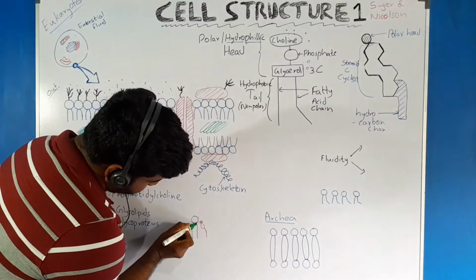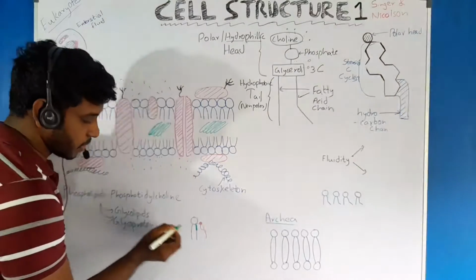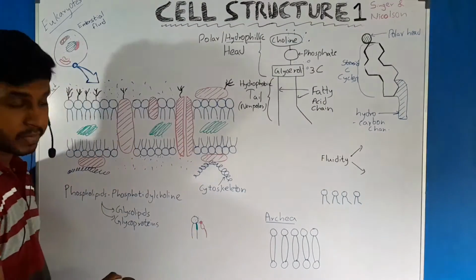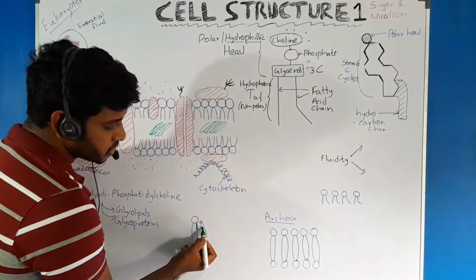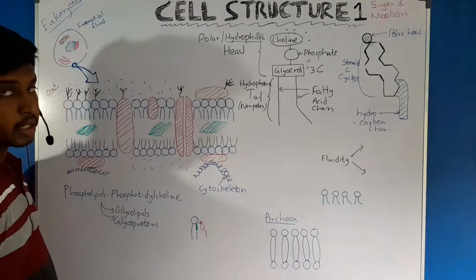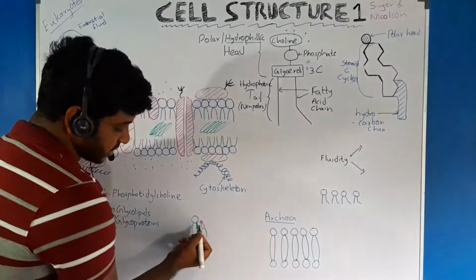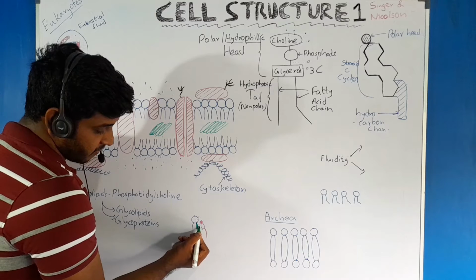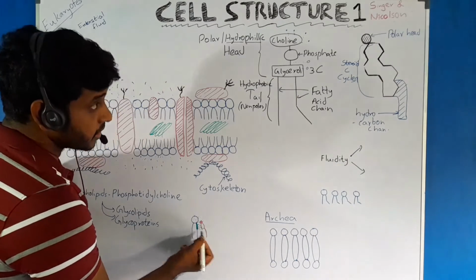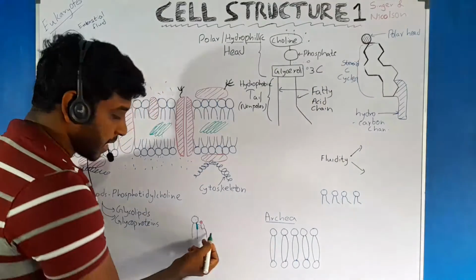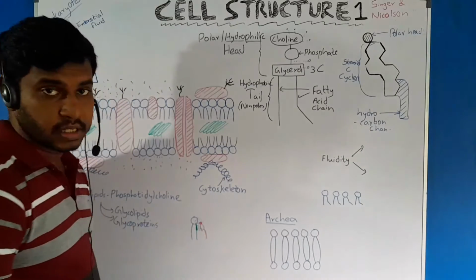The area of the fatty acid chain of the phospholipid molecule is nonpolar, and these steroid carbon cycles are also nonpolar. So nonpolar molecules can make interactions with each other. The fatty acid chain and the steroid carbon cycles make different types of interactions between them.